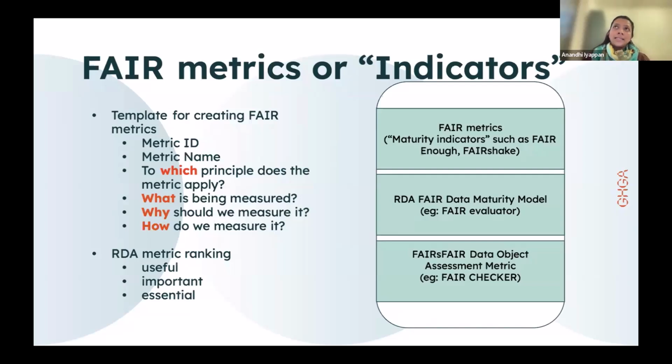As far as data is concerned, we can ensure that the data is fair if this information can be captured in the database: an ID, a metric name, to which principle the metric applies, meaning whether it's the F, the A, the I or the R, what is being measured, why we are measuring it, and how we measure it. If these kinds of questions can be captured as part of the data, it is already a decent metric which says something about the quality of the data.